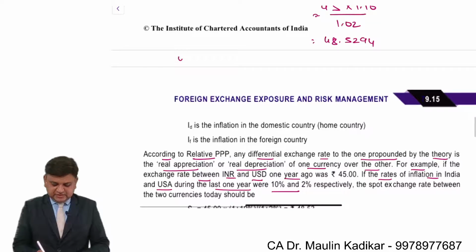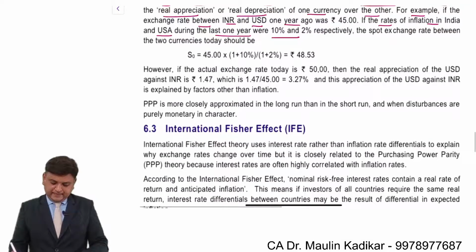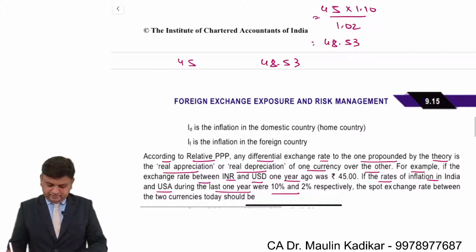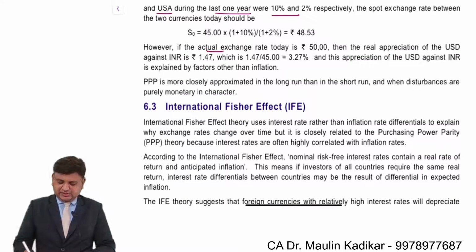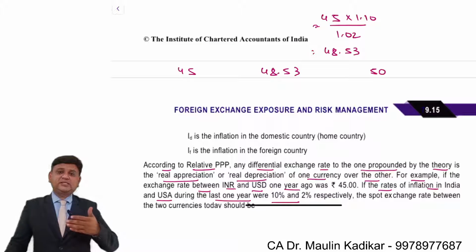So from 45, considering the inflation rates, it should have changed to 48.5294 or 48.53. However, if the actual exchange rate today is 50, it means that the rupee has depreciated more than what it should have depreciated.